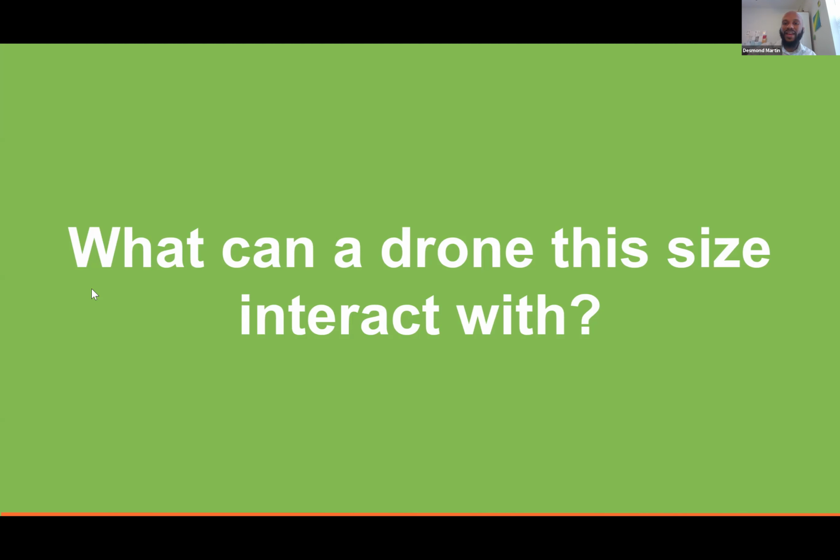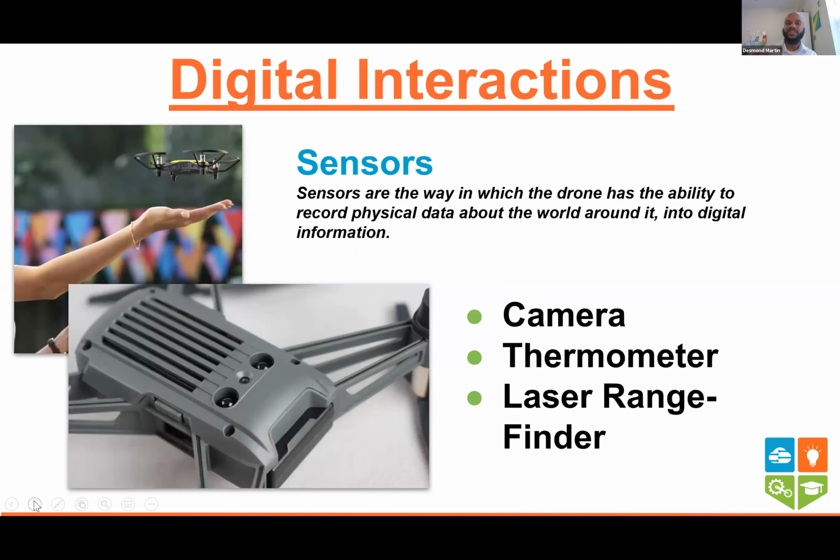The way that I classify that is really dividing our drone into two sets of functions. The first I like to call digital interactions, and that really focuses on our sensors. Sensors sounds very technical, but it is based on this ability to sense, to understand something that's happening in the world around it.